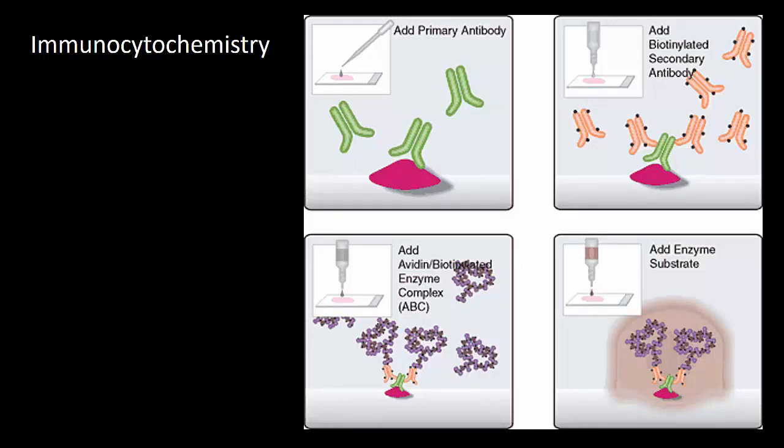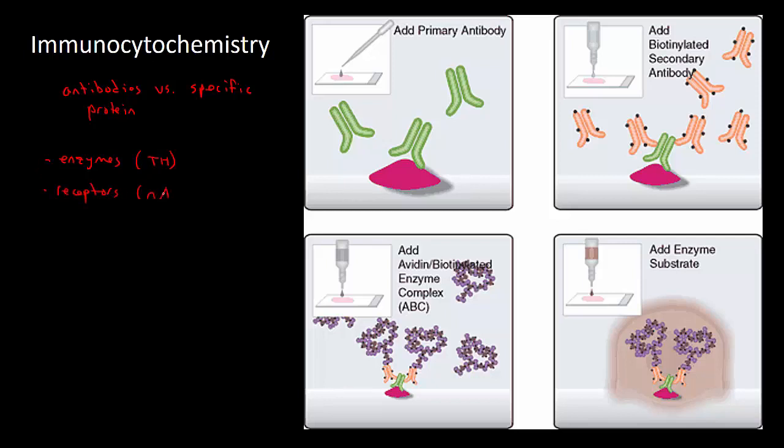I'm going to talk about a very important technique called immunocytochemistry. This is going to use antibodies against specific proteins. Okay, so things like enzymes, like tyrosine hydroxylase, receptors.